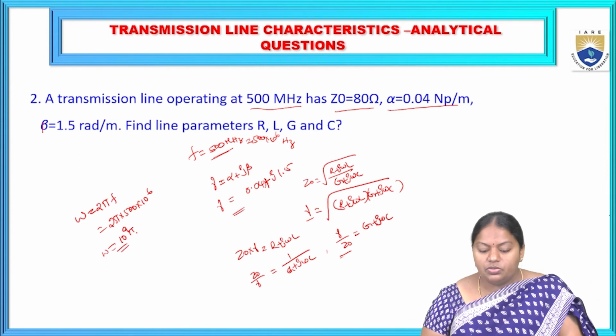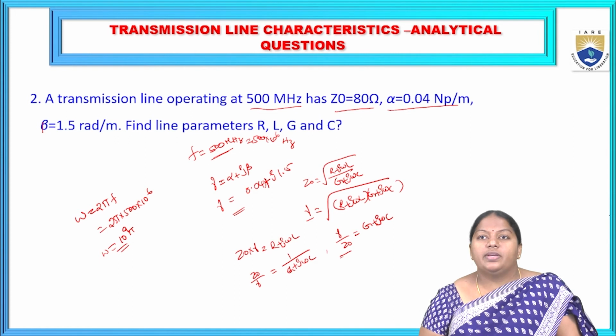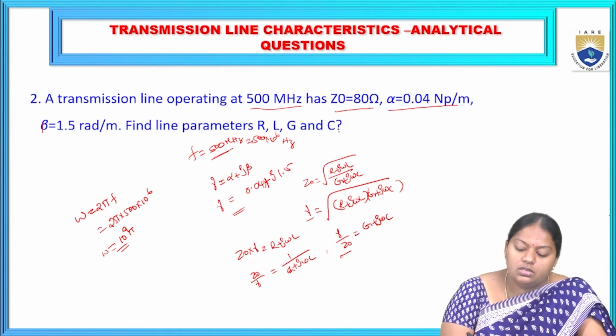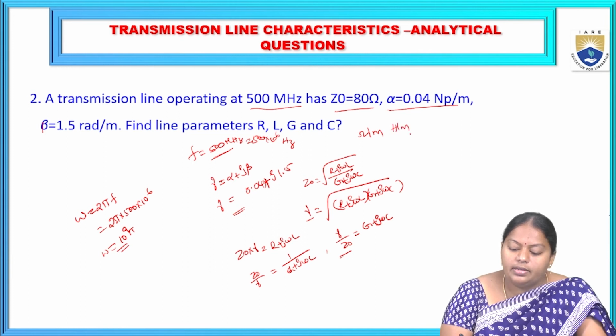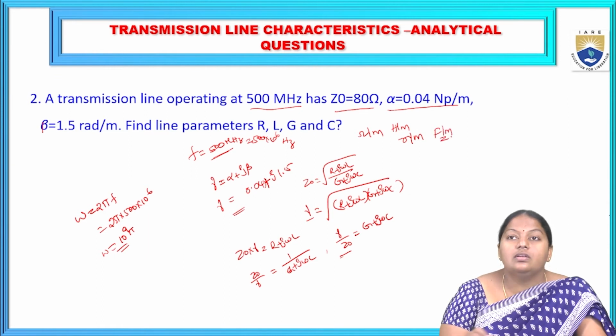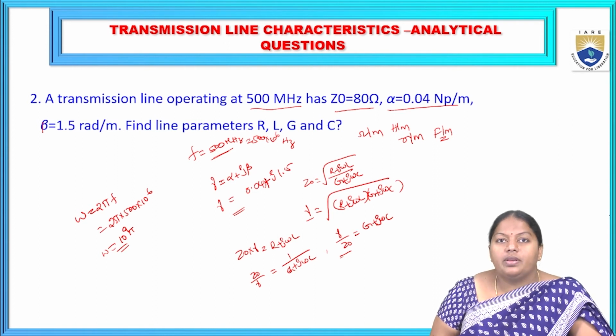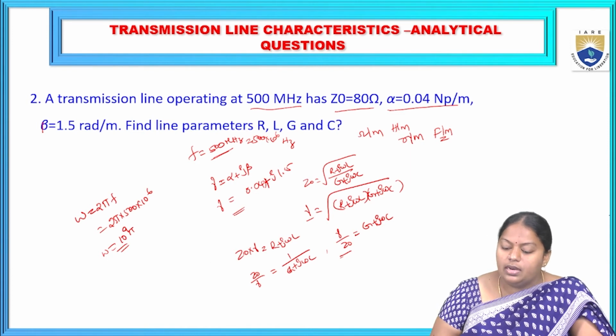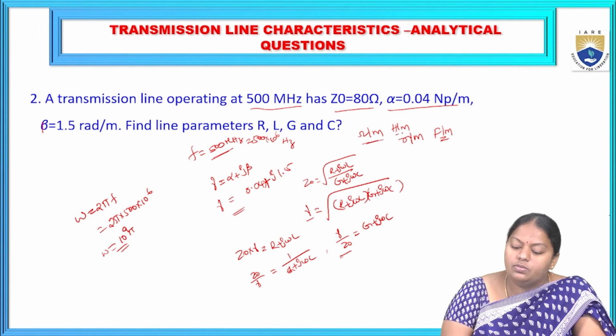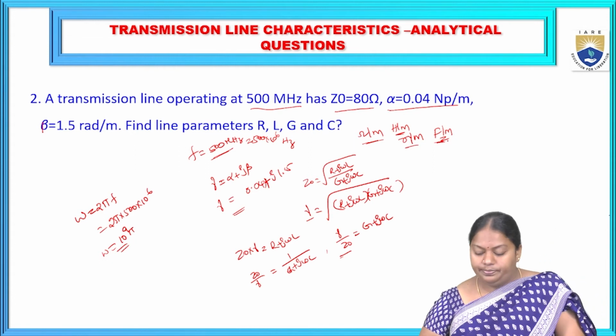So we should substitute all the values in that, then we will express all the primary constants R, L, G, C. Resistance R needs to be expressed in ohms per meter, inductance in henry per meter, conductance G in mhos per meter, and capacitance C in farad per meter. Why? Because all the parameters of the primary constants are distributed throughout the length of the transmission line. Hence, all should be expressed in terms of per meter.